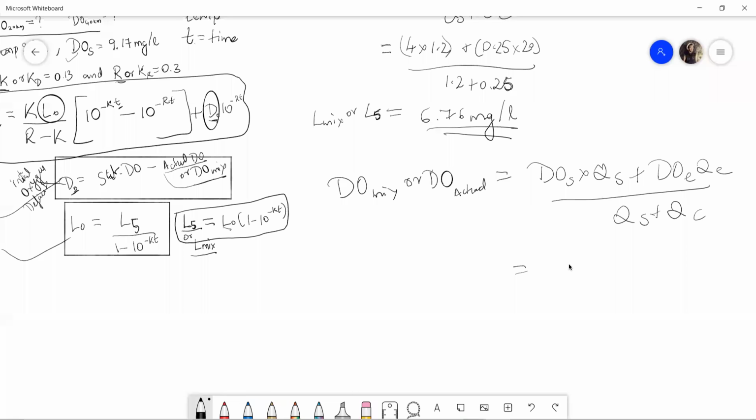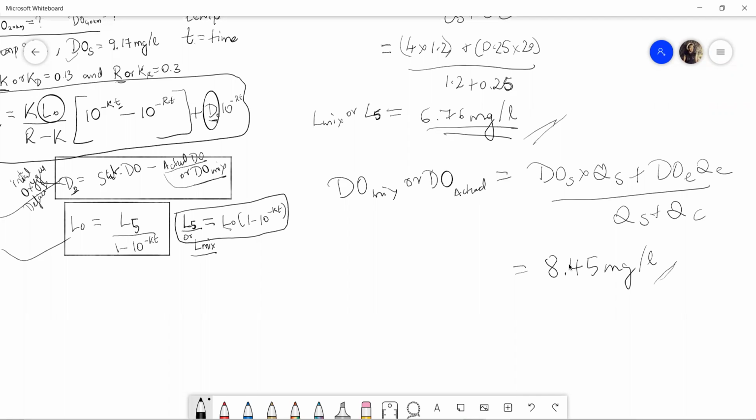DO mix is 8.45, right? 8.45 mg per liter. So BOD mix we got 6.76 and DO mix is 8.45 mg per liter. So two things we have found out now.